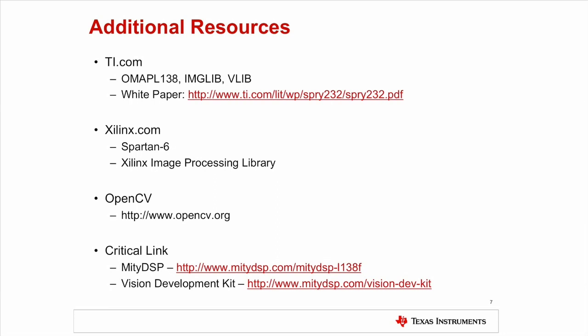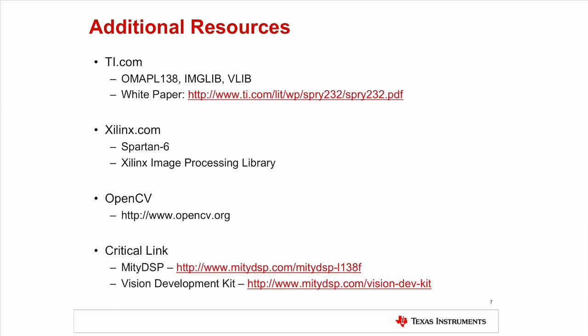In addition, you can go to Xilinx in order to get information about the Spartan 6 and the libraries that they have available for the FPGA. OpenCV is at opencv.org. And then finally, at Critical Link, you can get information about the actual Vision Development Kit if you'd like to take that and use it to build your own custom application.